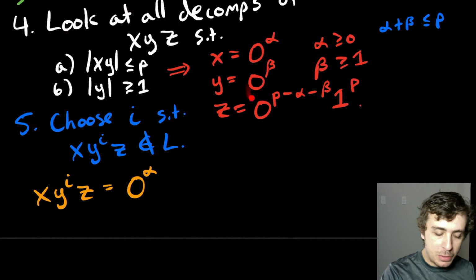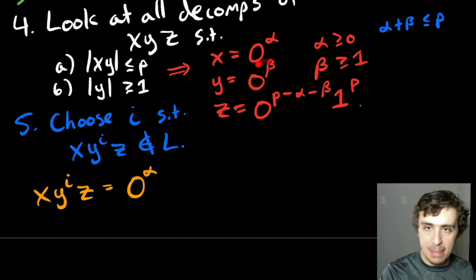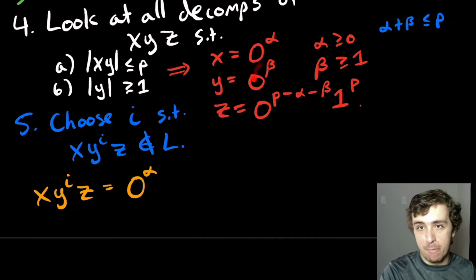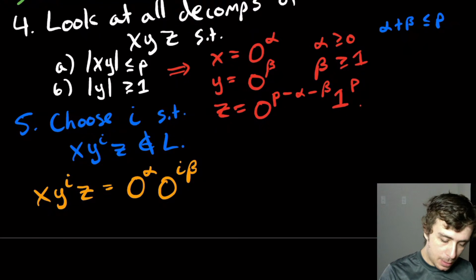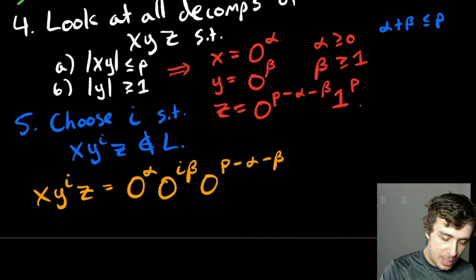So the number of zeros for this piece is going to be I times beta, because I have beta for each one of them, and I have I of them. So I'm going to have I beta up here, and then just copy one of the z's. So I'm going to have 0 to the p minus alpha minus beta, 1 to the p.